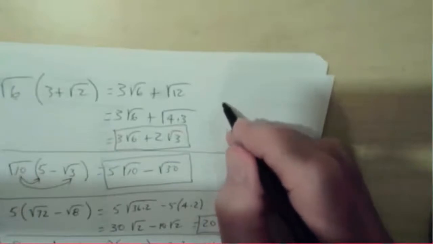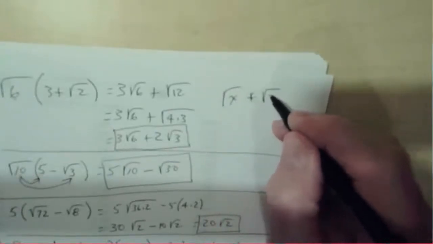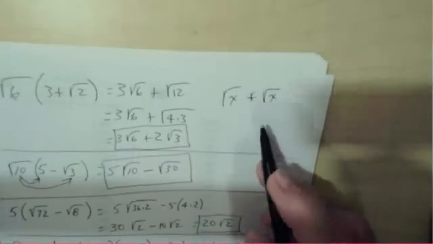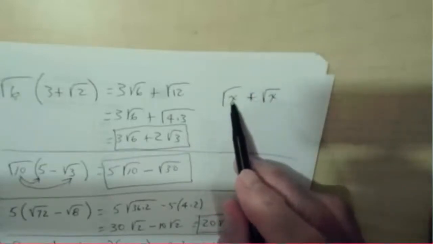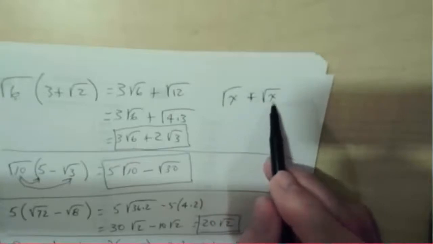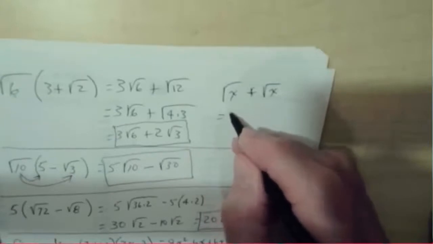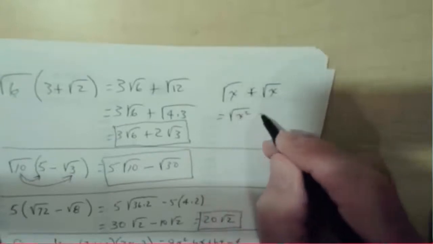And remember, should have done this at the beginning. The square root of any number times itself. What happens? When you multiply the square root of numbers that are exactly the same, the radical just goes away. What this actually equals is the square root of x squared, which is x.